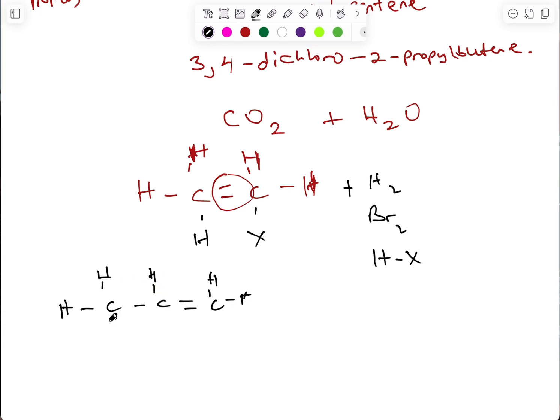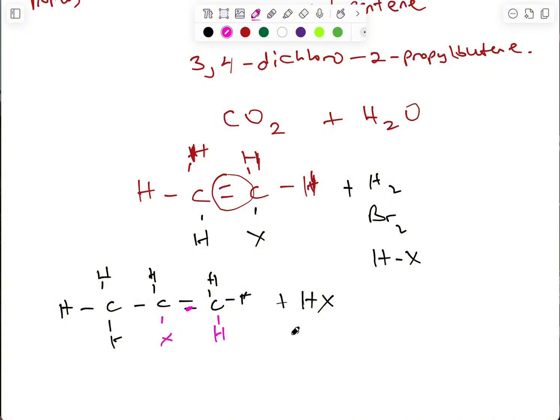In this case, if I want to react this guy with hydrogen halide, if I delete this bond here, place hydrogen here and the halogen here, and I name this guy, it will be different. This guy will be on carbon number 1. But another way is that I can place the halogen here and the hydrogen here. The name will be different.